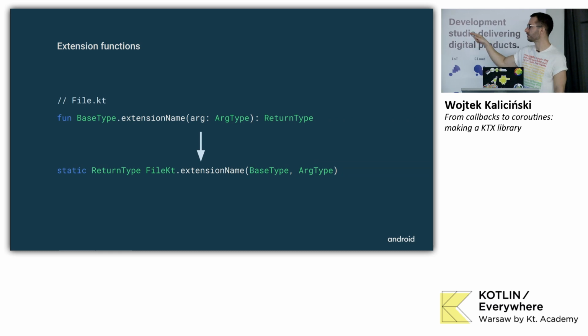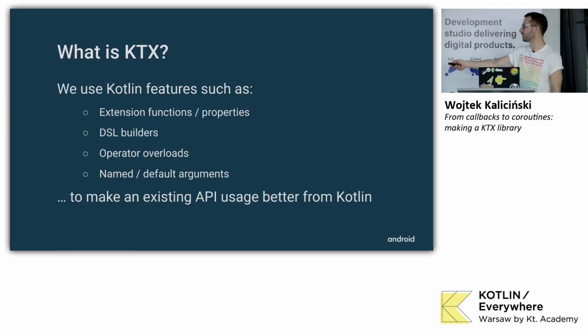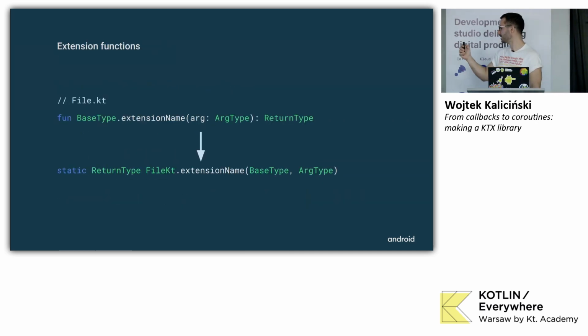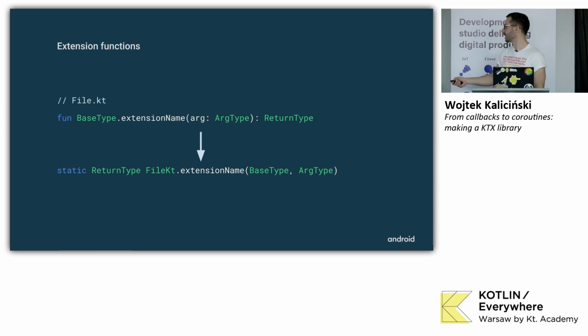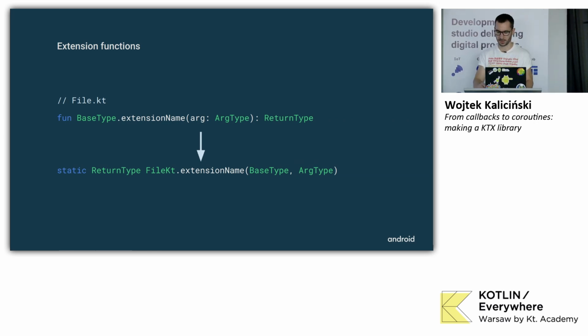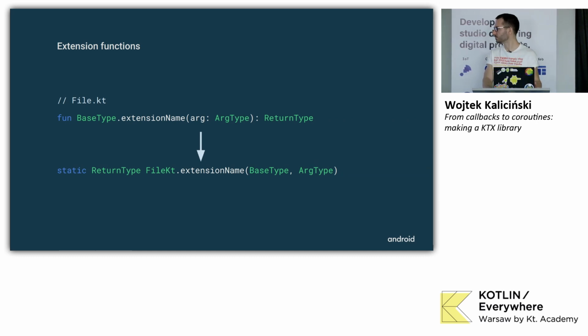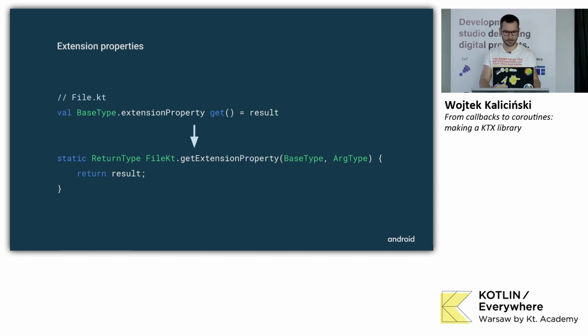Even though you only specified one argument, it actually creates two. It takes the base type, puts it as the first argument, and then the arguments that you specified. So this is all done by the compiler, and it has some very interesting implications that I will show you in a sec.